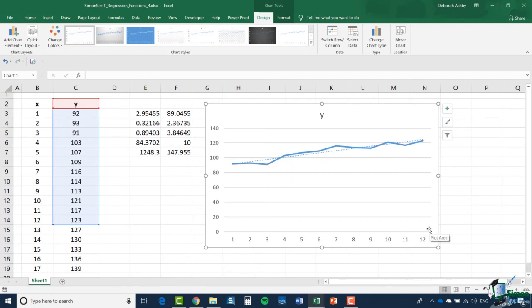If you work out what the discrepancy is between the y values, so that's the blue line and the dotted line, and you square that amount and you add all of those discrepancies up, the way that the best fit is worked out is to make the sum of those squares as small as possible. So you're basically working out how to fit a straight line through those points such that the sum of those squares is as small as possible, and that's how the dotted line finishes up where it is.